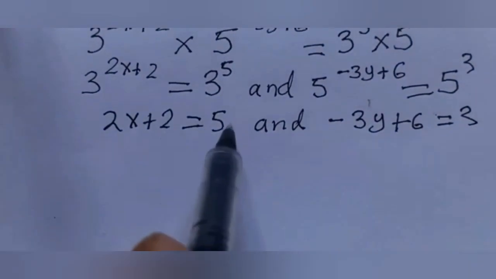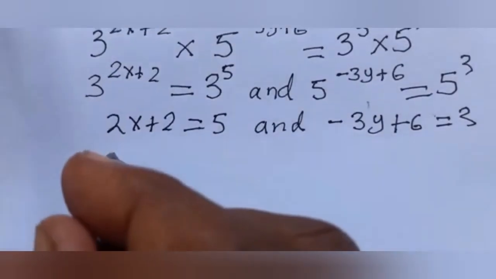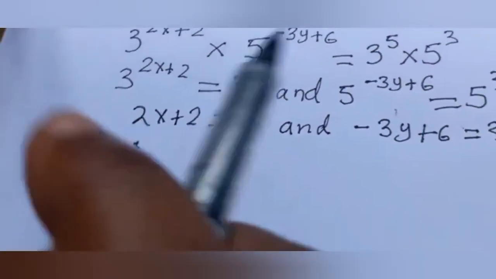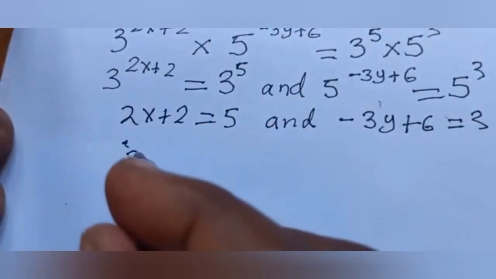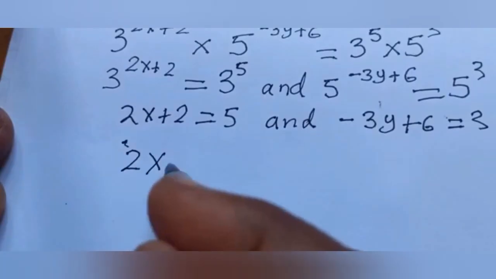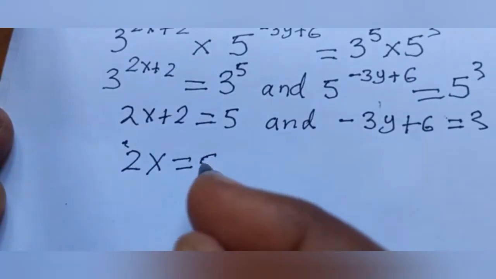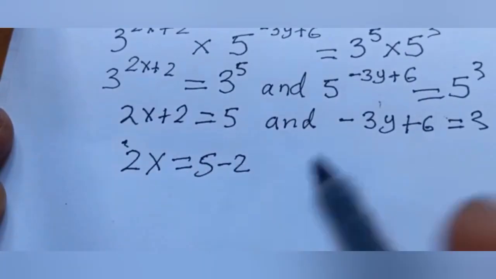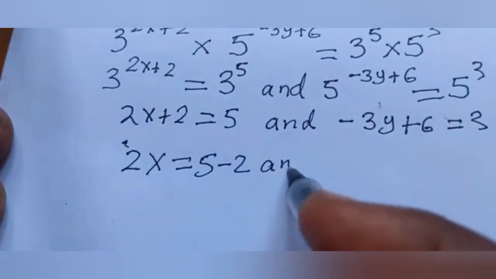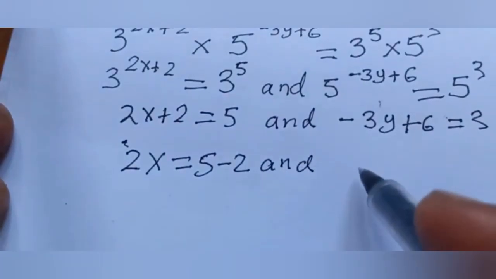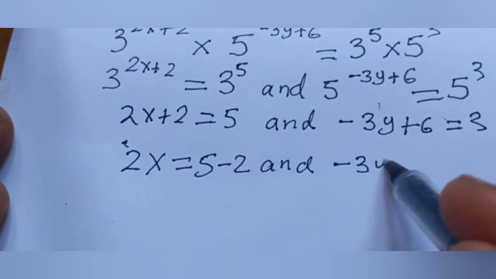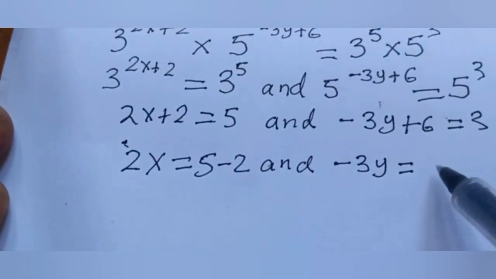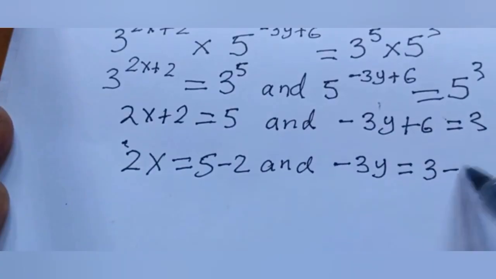Shift 2 to this side, we have 2x equals 5 minus 2, and negative 3y equals 3 minus 6.